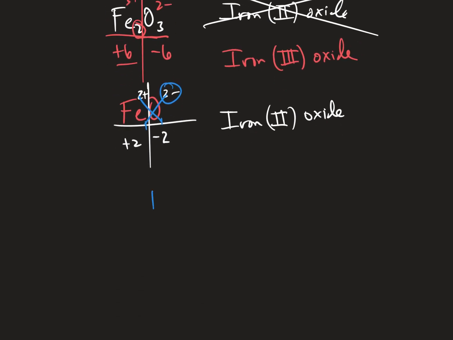It all depends. If this is Fe3N, then it's iron 1 nitride. But if it's Fe3N2, then it's iron 2 nitride. But if it's FeN, then it's iron 3 nitride.